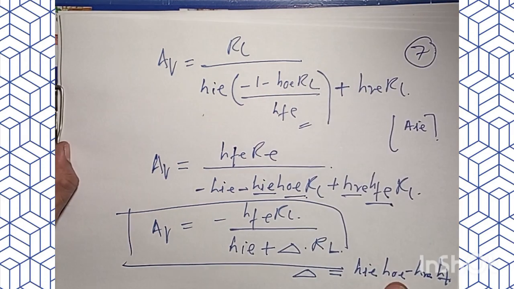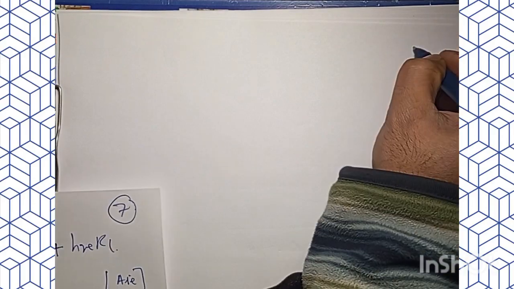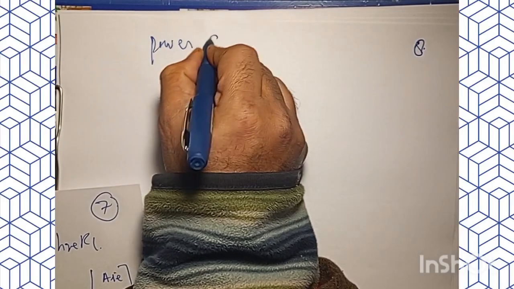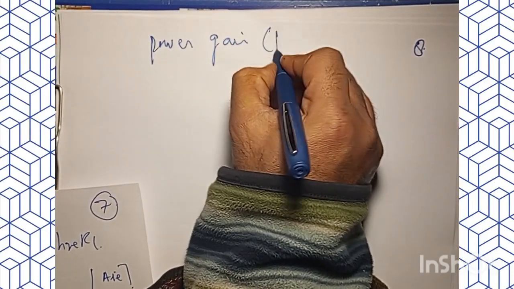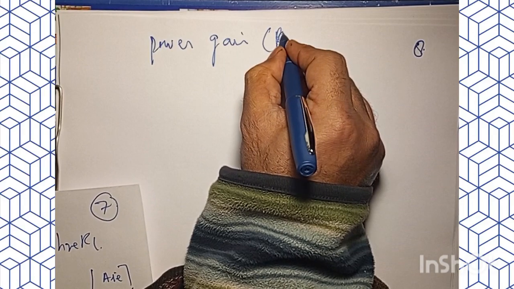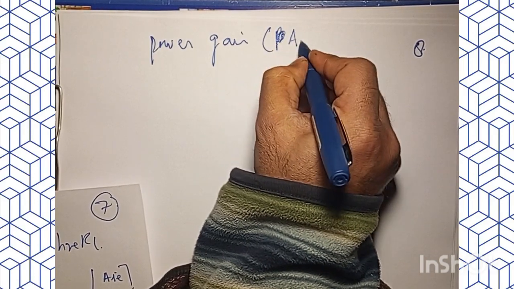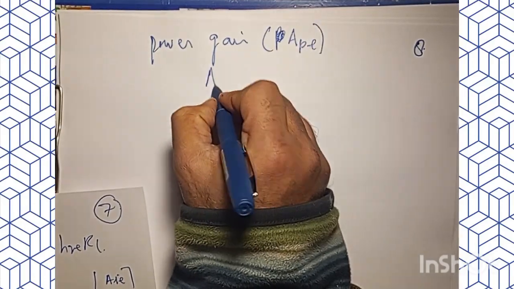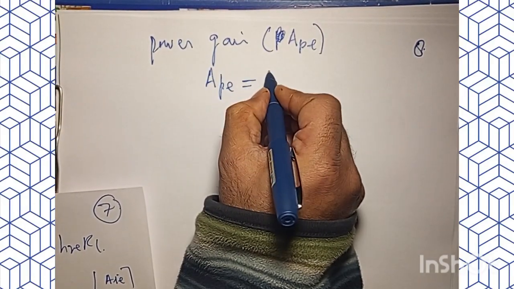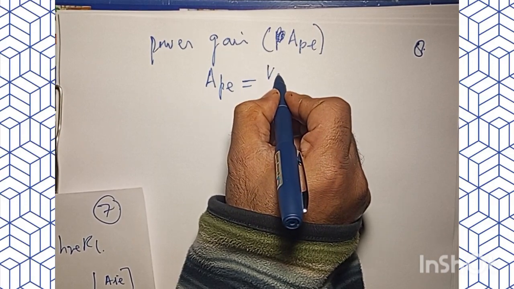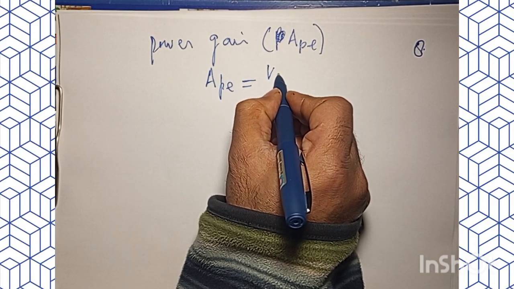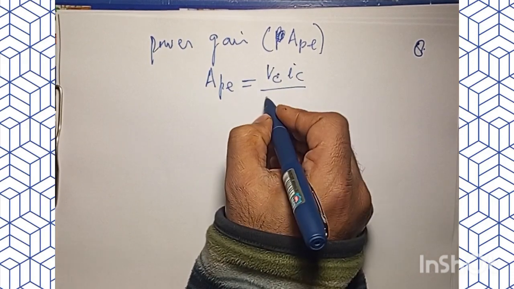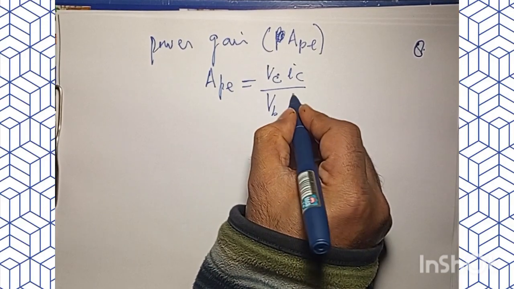And finally, we will have the power gain. The power gain in common emitter is APE. It has to be the product of voltage and current, so this is collector voltage times collector current divided by base voltage and base current.